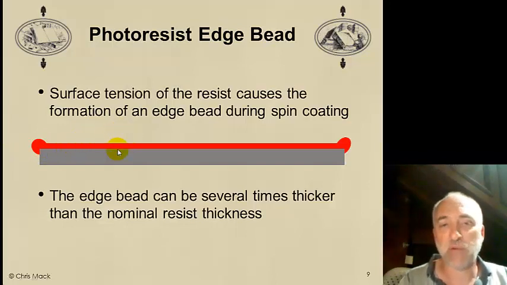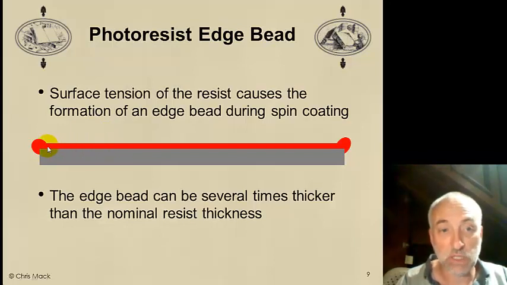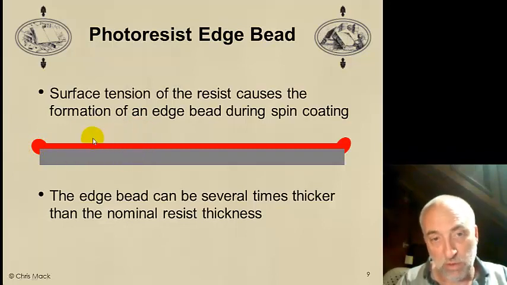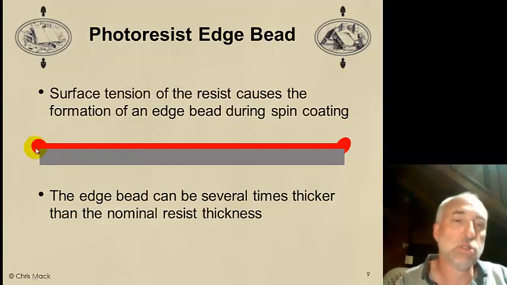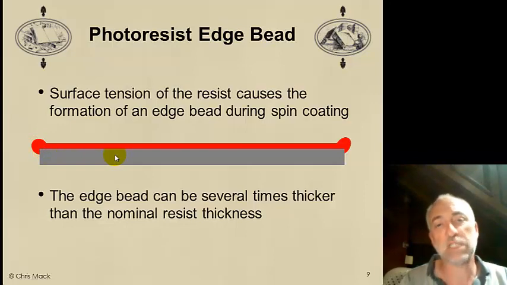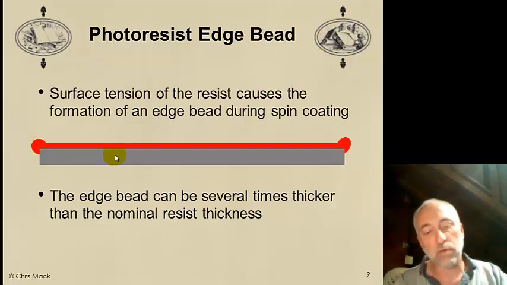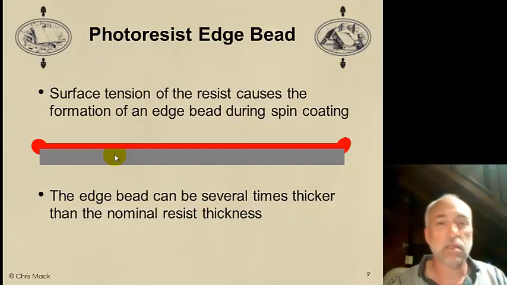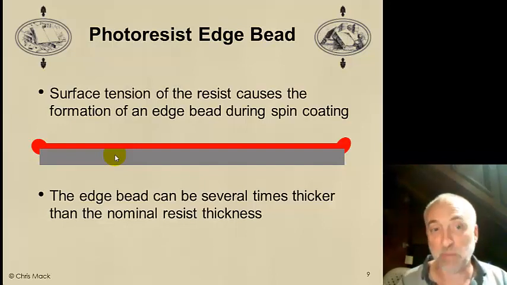As the evaporation occurs, the viscosity grows and it gets harder and harder for this film to fly off. In the middle of the wafer, most of the wafer, there's only 2 forces at work. There's the centripetal force trying to push it off the wafer and the viscous drag force trying to hold it back. Eventually those 2 forces become equal to each other and the fluid stops flowing.